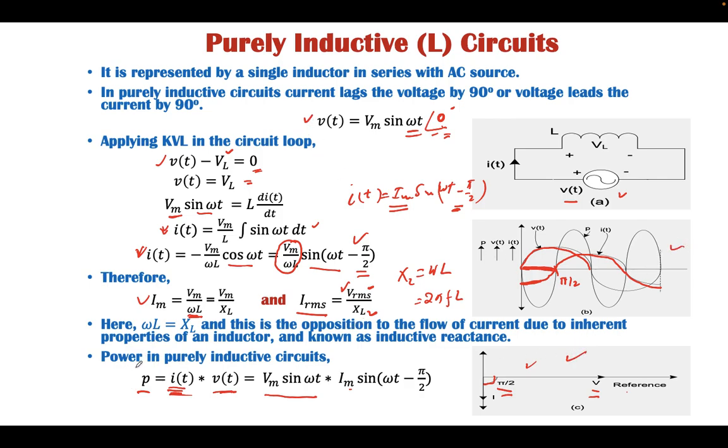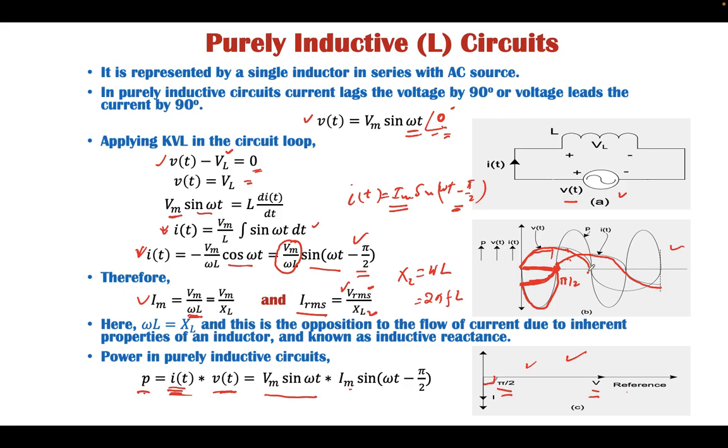Now further expanding the power in this case, at this instant the voltage is positive whereas the current is negative, so the resultant power will be negative for this period. This is the waveform for power. Now at this instant both current and voltage are positive, and hence power will be positive.